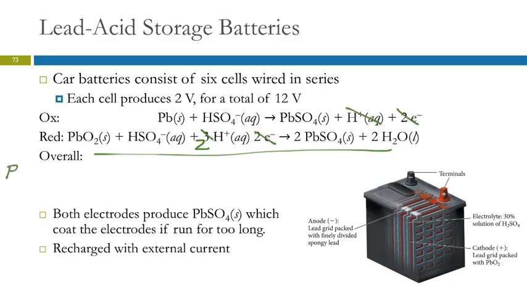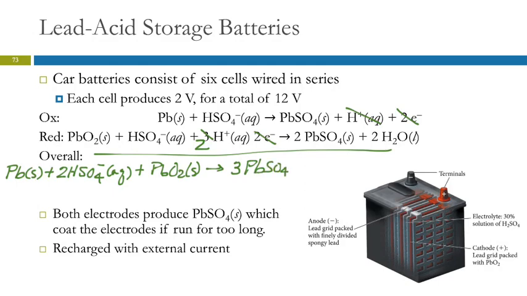So then we've got lead, and we've got actually 2 hydrogen sulfate ions there, 1 participating in each half reaction, and lead oxide, lead 2 oxide. And that's going to form a total of 3 moles of lead sulfate, lead 2 sulfate, and water.